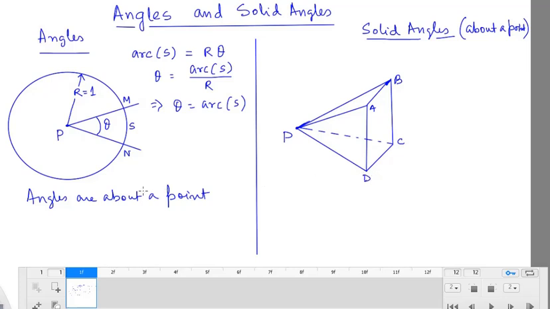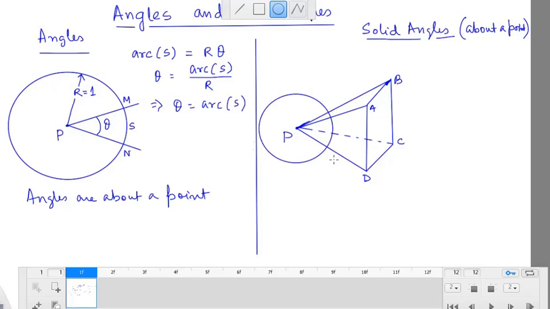Now in the previous case, the case of this angle, we drew a unit circle. In this case we need to draw a unit sphere, a sphere of radius 1. About this point we need to draw a unit sphere.